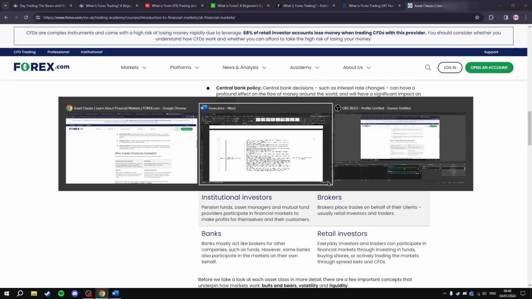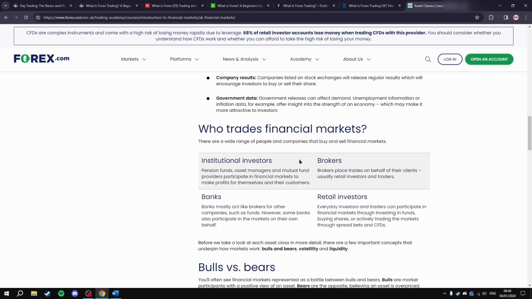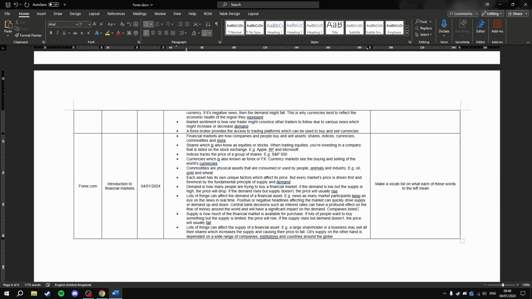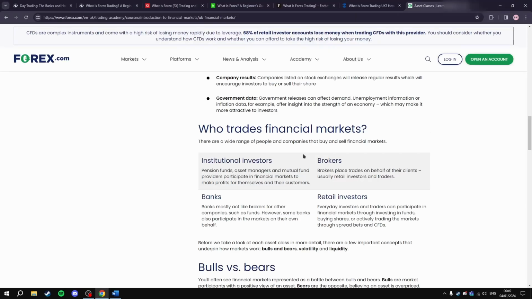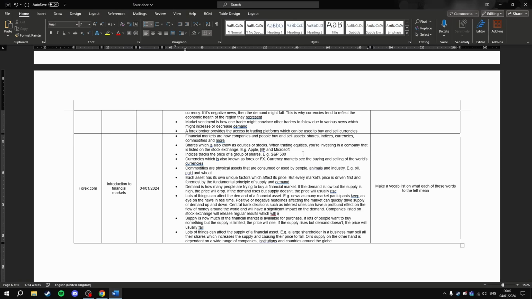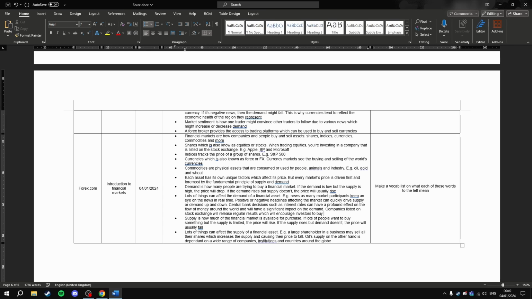Company results. Companies listed on an exchange will release results, which will encourage investors to buy or sell their shares, so they will want to increase or decrease the supply.